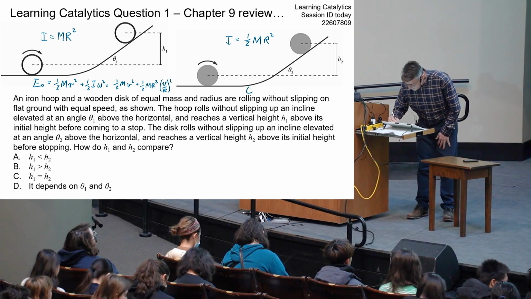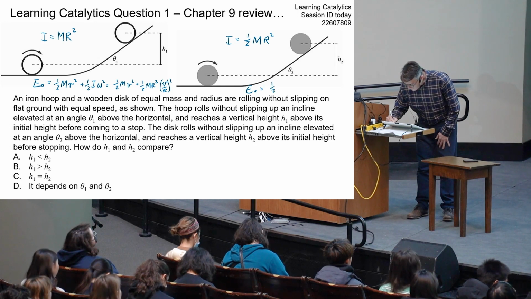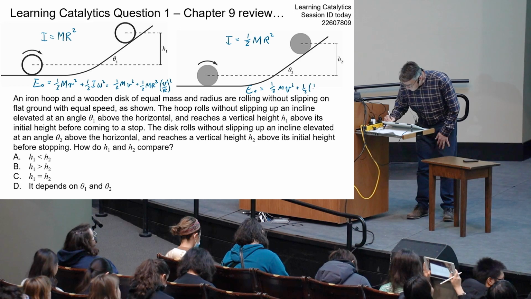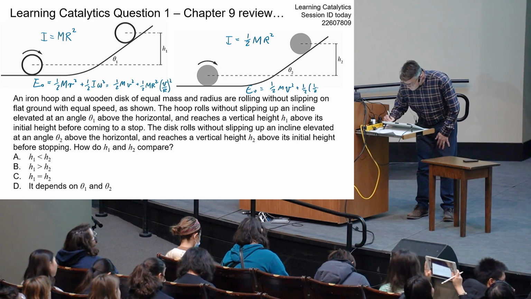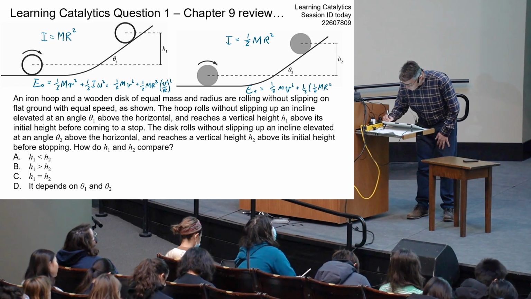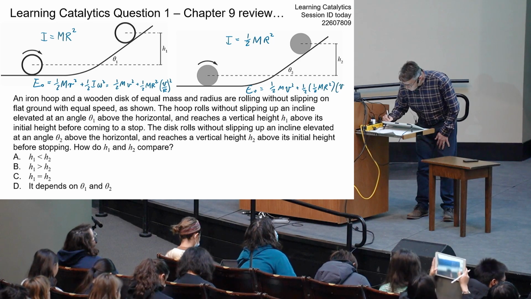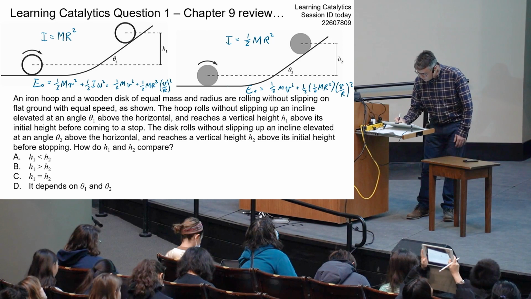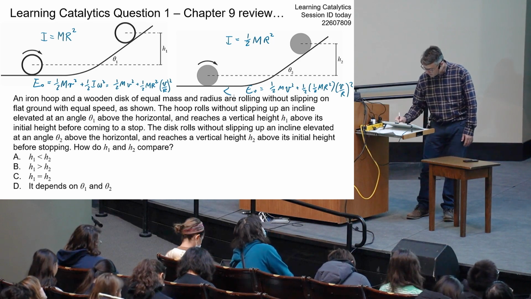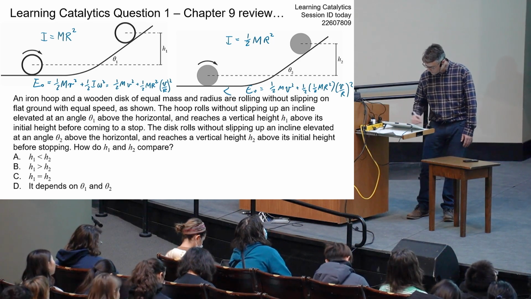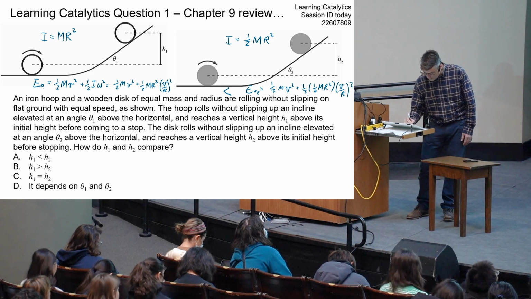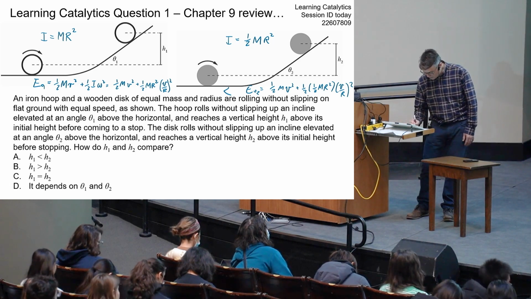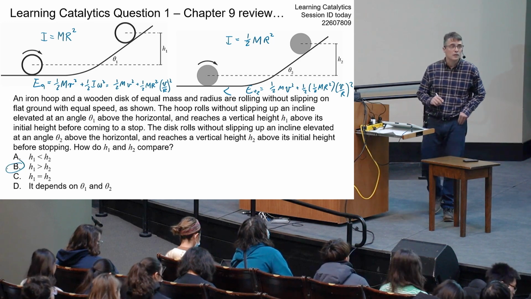Whereas for the disk, E initial is 1/2 m v squared plus 1/2 times 1/2 m r squared times (v over r) squared. So this one starts off with less energy, right? E initial for the disk is less, so h2 is going to be less than h1.